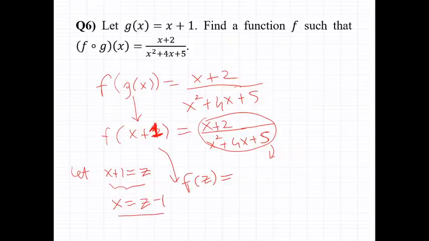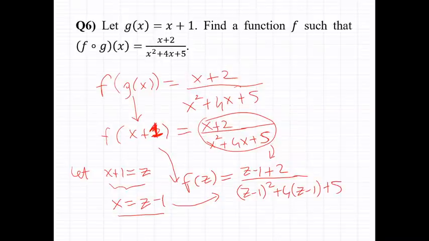Now we can replace x with z minus 1 here, and this will give you z minus 1 plus 2 over z minus 1 squared. So I'm employing this one here, plus 4 times z minus 1 plus 5.